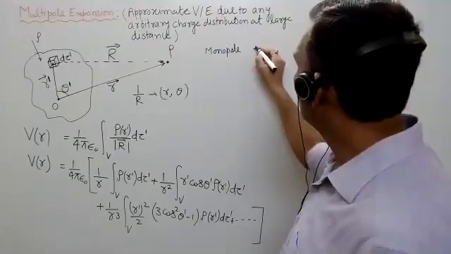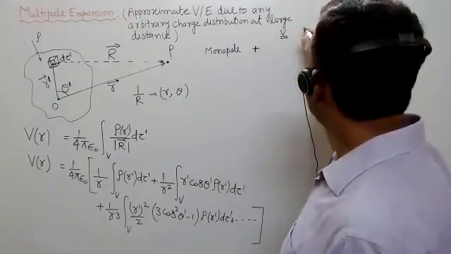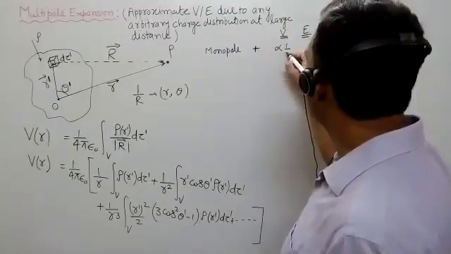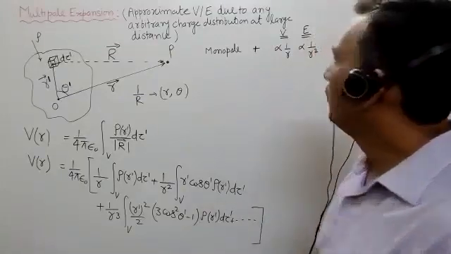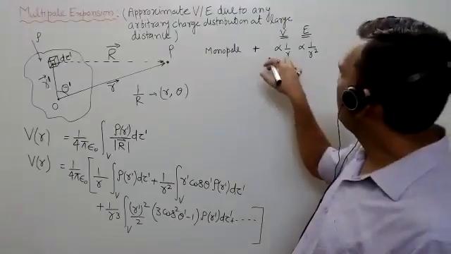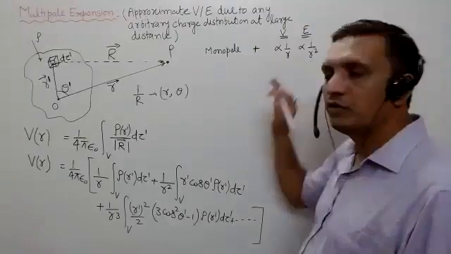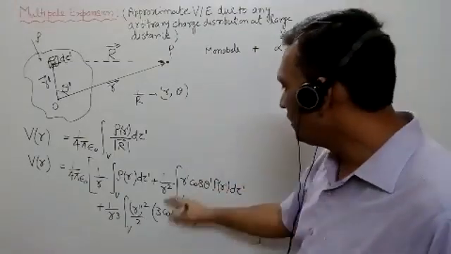Let us represent monopole by a single charge plus and also show the potential and electric field. Potential is proportional to 1 by r and electric field is proportional to 1 by r square. If potential is inversely proportional to r, electric field will be proportional to 1 by r square. Second term is the dipole term.